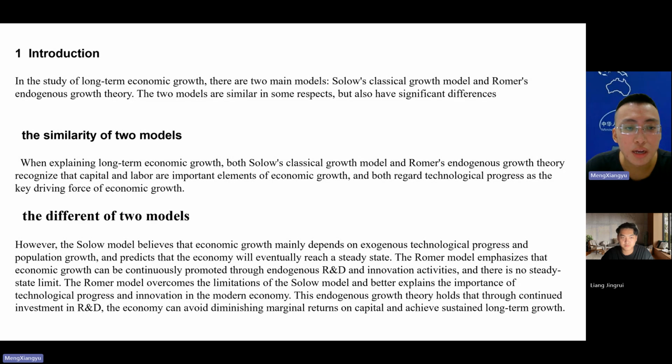When explaining long-term economic growth, both recognize that capital and labor are important elements of economic growth, and both regard technological progress as the key driving force of economic growth. And the differences of the two models.